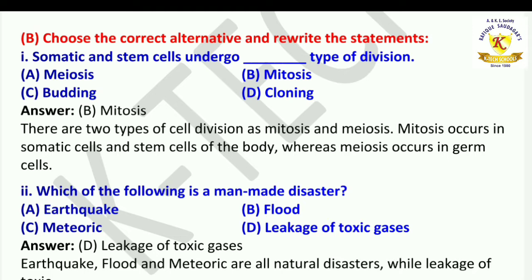Yes, the correct answer is B, mitosis. There are two types of cell division, mitosis and meiosis. Mitosis occurs in somatic cells and stem cells of the body, whereas meiosis occurs in germ cells.